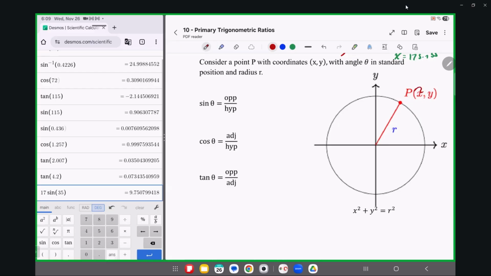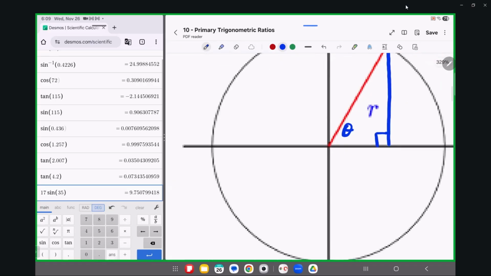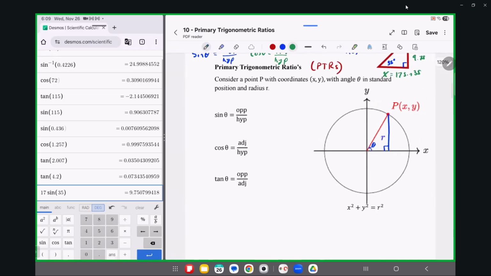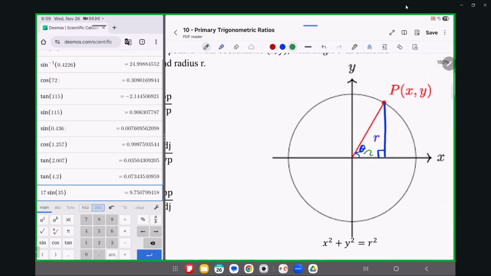If I consider a point P, I could drop a perpendicular line, and perhaps I'll write this in blue. There we go. And we have some angle theta that we're calculating. I'll draw a little arrow in here to say that we're rotating this way.